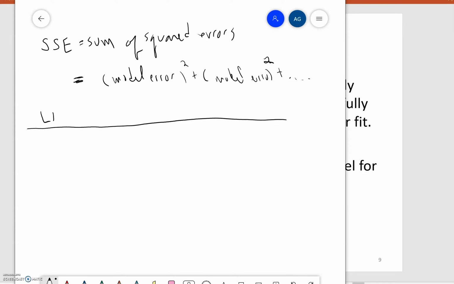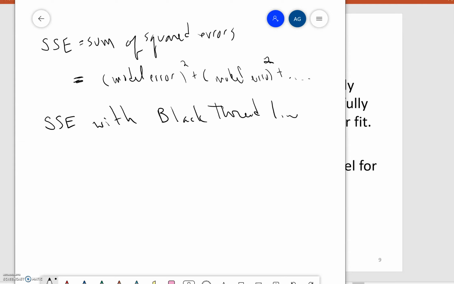So I'm going to explain the SSE. Let me start that again. I'm going to write a rough procedure for the SSE with a black thread method line. Let's say that we have our black thread line and it's y1 equals some function f of x, a linear function.